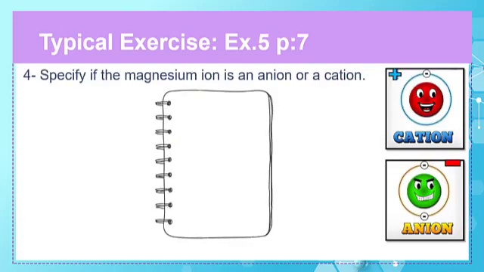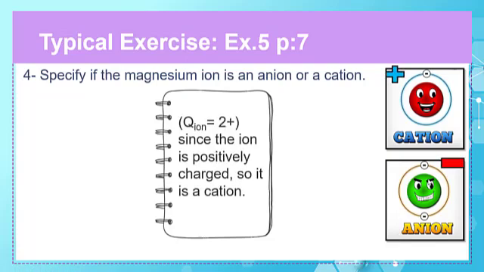Specify if the magnesium ion is an anion or a cation. To remember, the cation has a positive charge and the anion has a negative charge. Q of the ion is equal to 2 plus. Since the ion is positively charged, it is a cation.